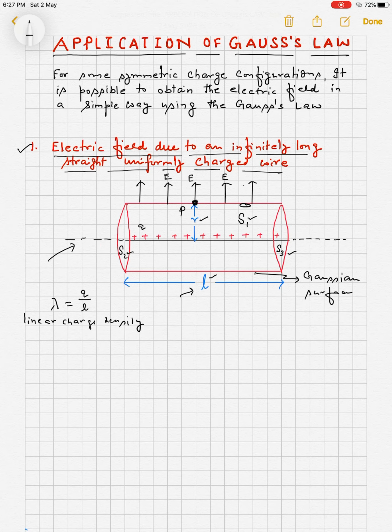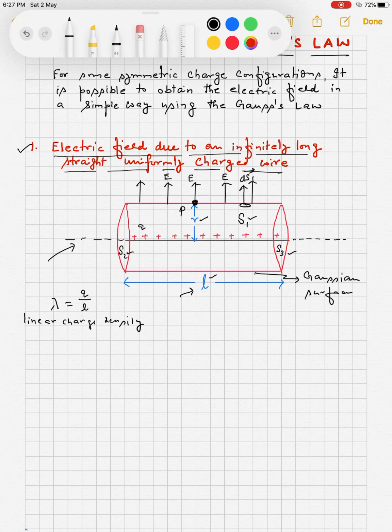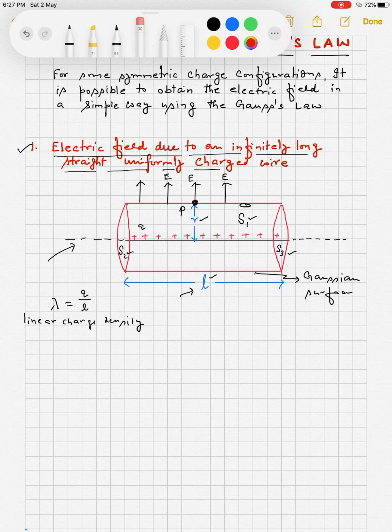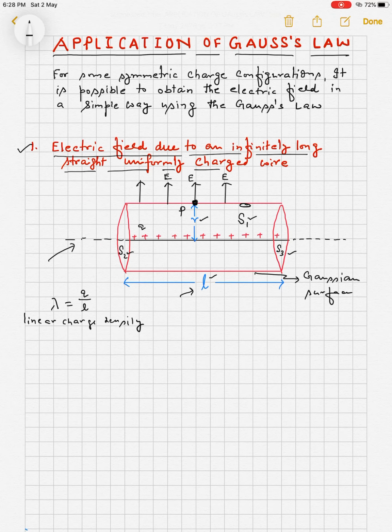So the area vector will be ds1. Here we consider on S1 a small element whose area is ds1.